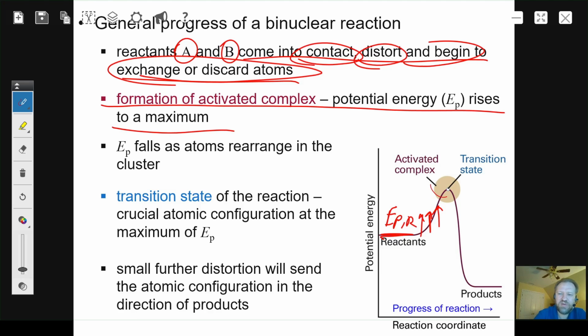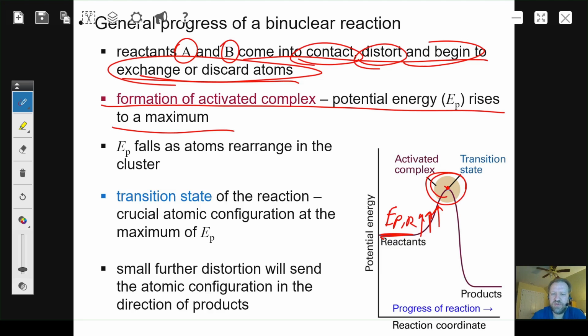So the activated complex in terms of energy occupies the area around the maximum of this activation barrier peak.